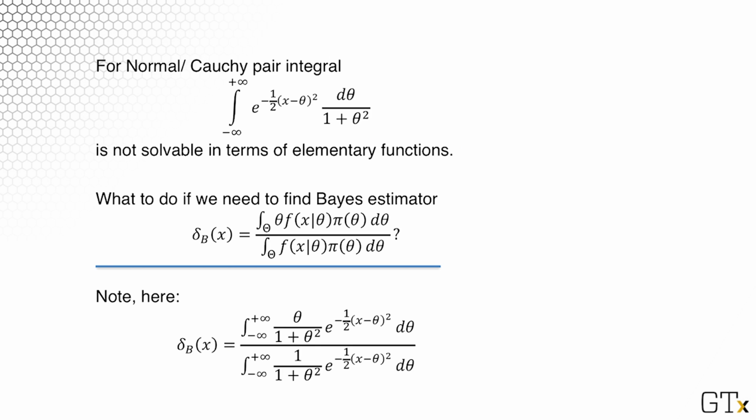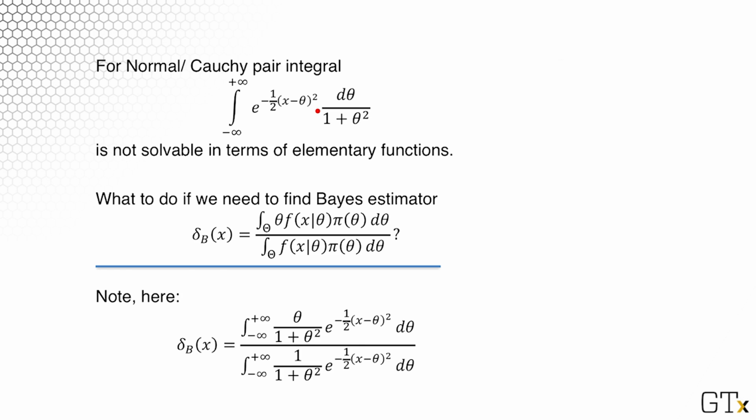To find the marginal, we need to find the integral of this exponential coming from the likelihood times this part coming from the prior. However, this integral is not solvable in terms of elementary functions, and what we need to do is numerical integration.